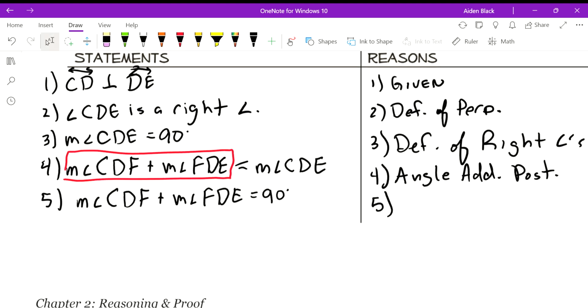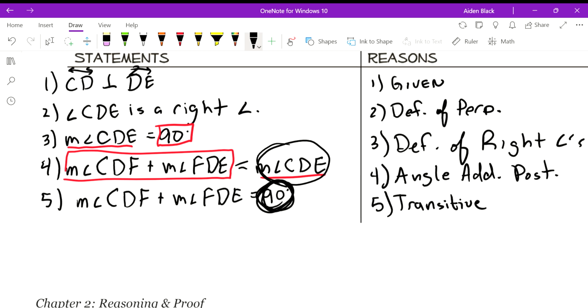Well, we know that all of this equals the measure of angle CDE, and we know that the measure of angle CDE equals this. So this is the transitive property. Technically, if you wrote substitution in this case, that does work because we're literally replacing the measure of angle CDE with what it's equal to, which is 90.